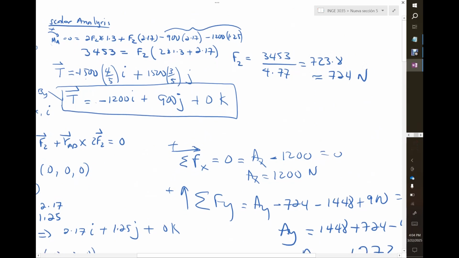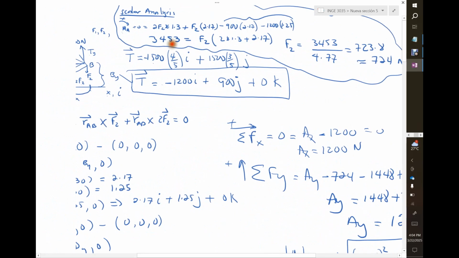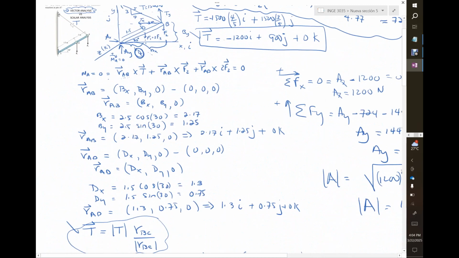So check how simple it was to do the problem with scalar analysis versus doing the cross product. Again, what I'm saying is that when you do cross product, it's definitely fun when you are in 3 dimensions.